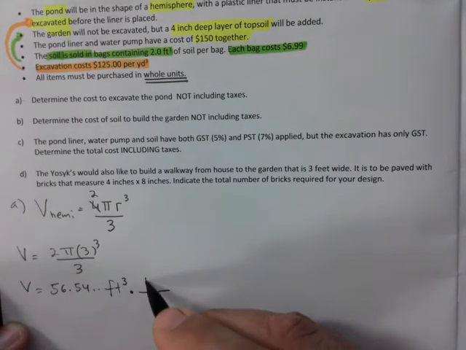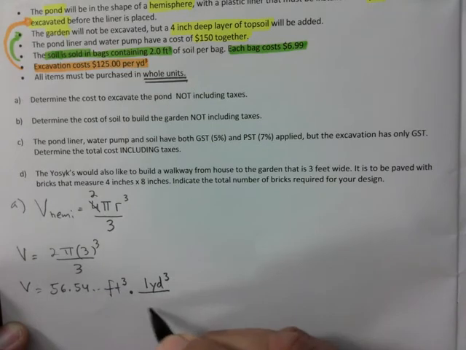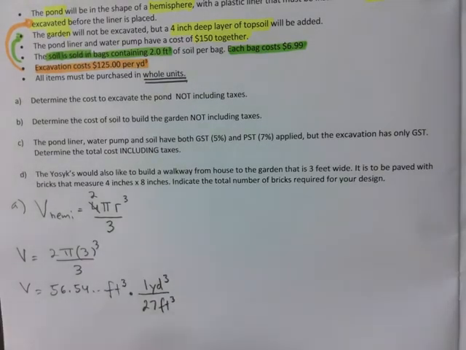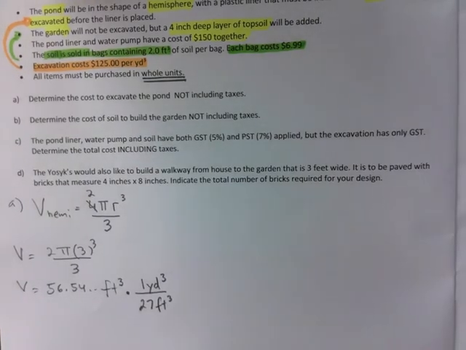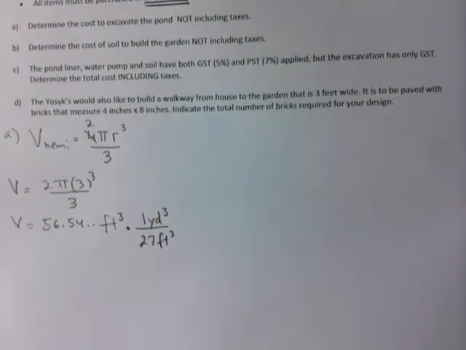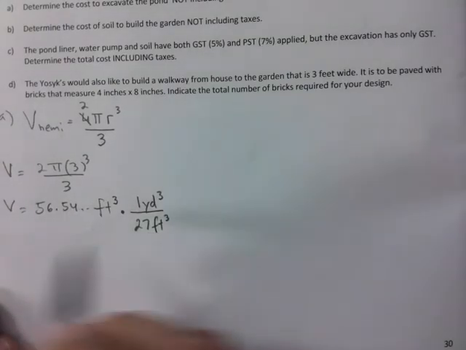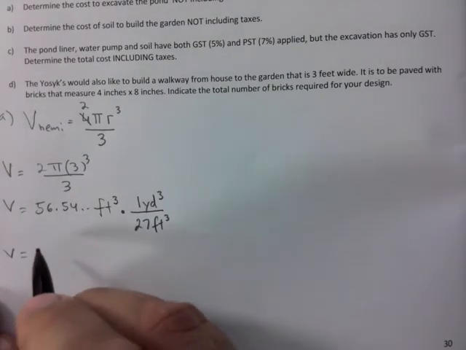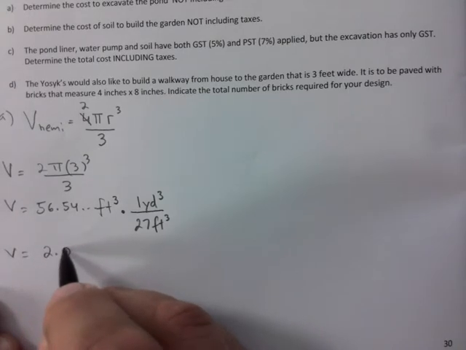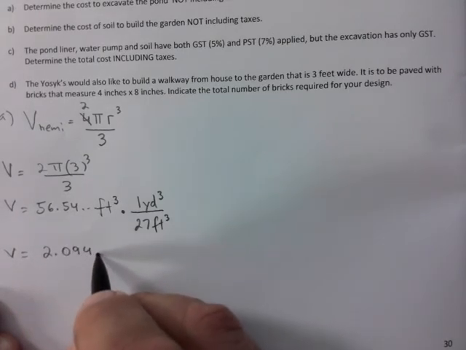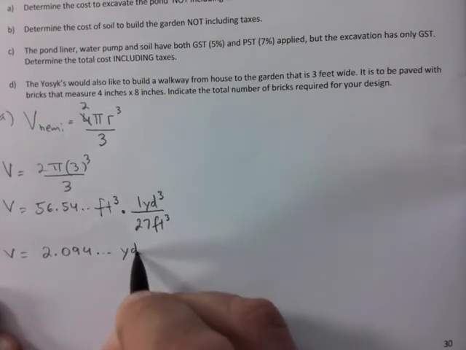This is in your notes. 1 cubic yard is 27 cubic feet. If you can put this on your study sheet, it's going to save you a lot of time. 1 cubic yard is 27 cubic feet. Put that down. It's in your notes, I think, from day 1. So you basically divide this. So the volume is 2.094 something cubic yards.